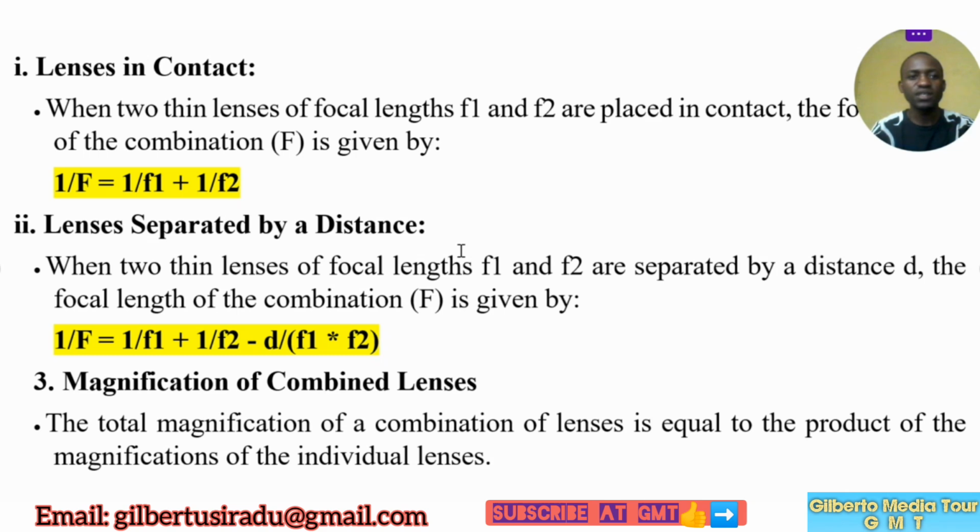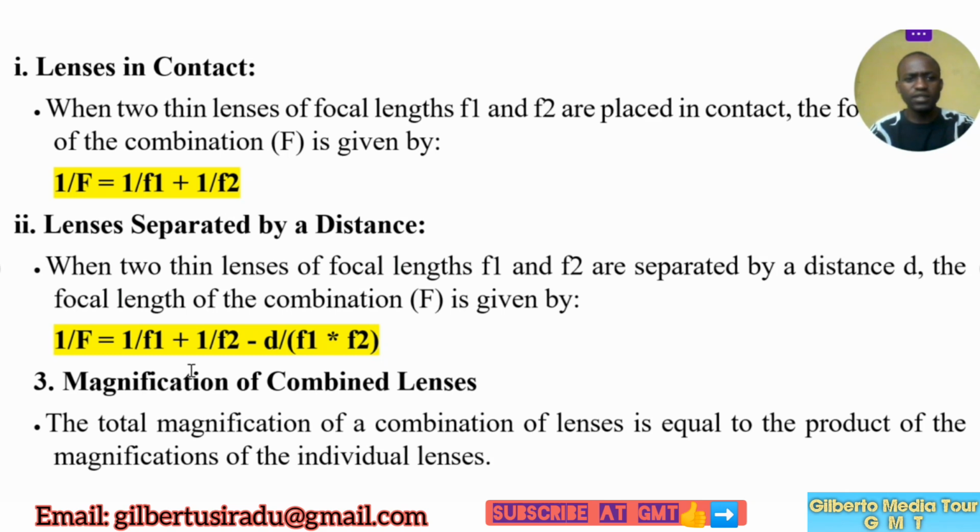In case of separation, when two thin lenses are separated by distance d, the power is given by 1/F = 1/f1 + 1/f2 minus d over the product of the two focal lengths, f1 times f2. This is how we will try to calculate the focal length in case there is a combination of lenses.